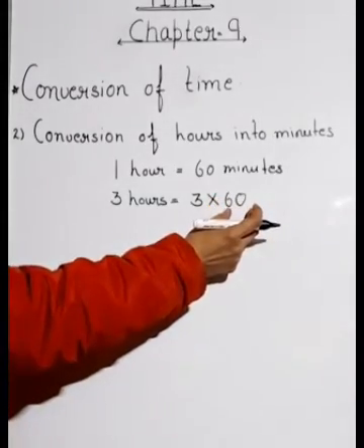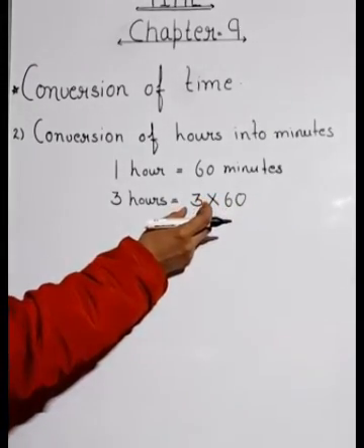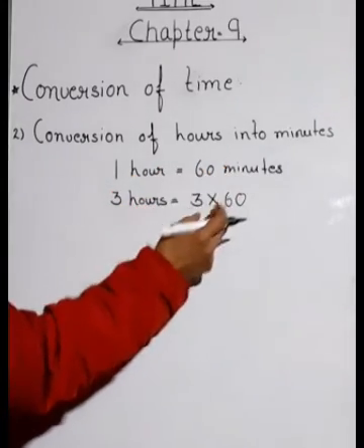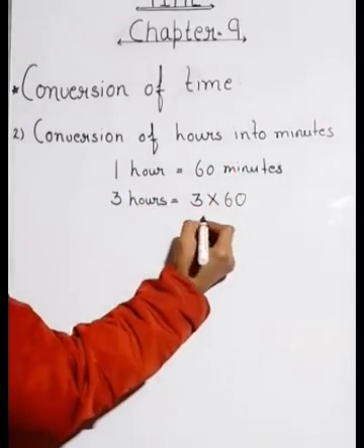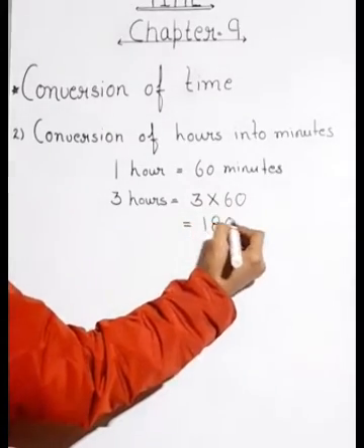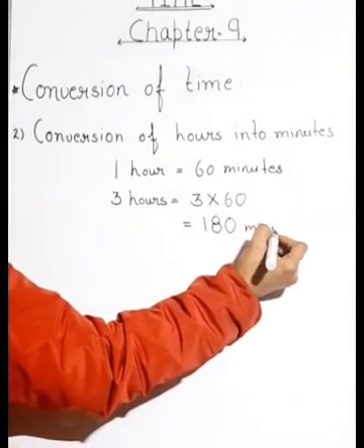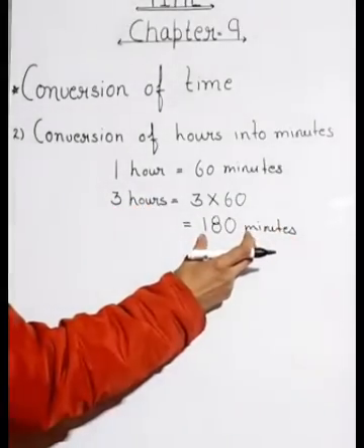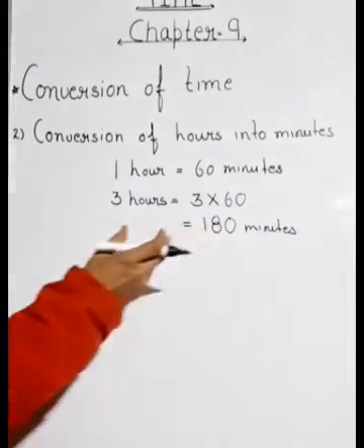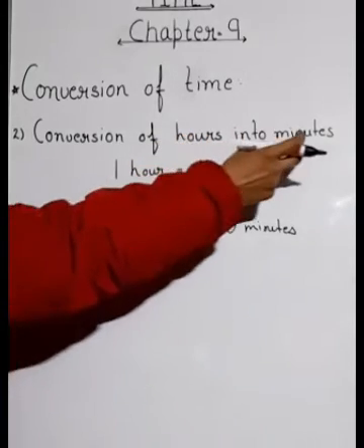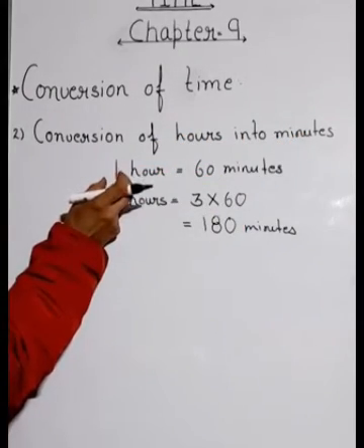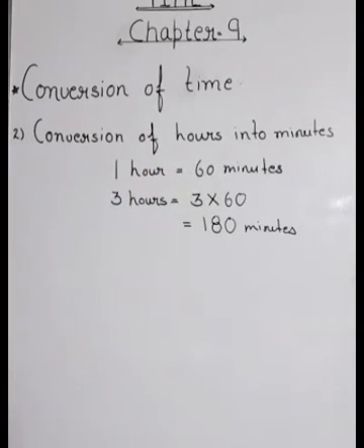Why am I multiplying by 60? Because in 1 hour we are having 60 minutes. We multiply these two and we got 180 minutes. It means in 3 hours we are having 180 minutes. So for converting hours into minutes, you have to multiply the given number of hours with 60. Clear?